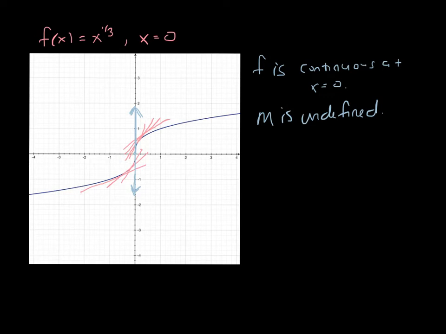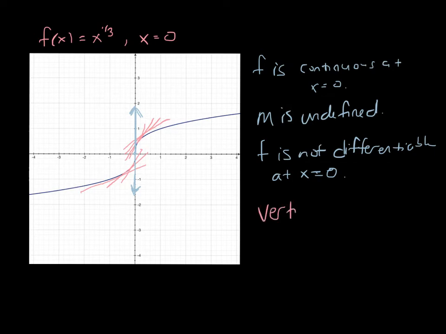So if the slope is undefined, then the derivative is as well. So f is continuous at x equals 0, but f is not differentiable at x equals 0. And that's going to happen whenever you have a vertical tangent line.